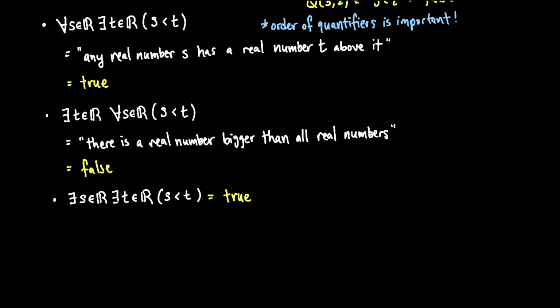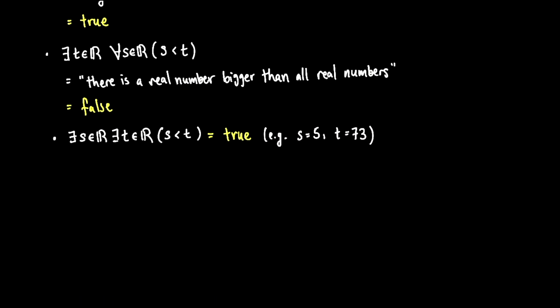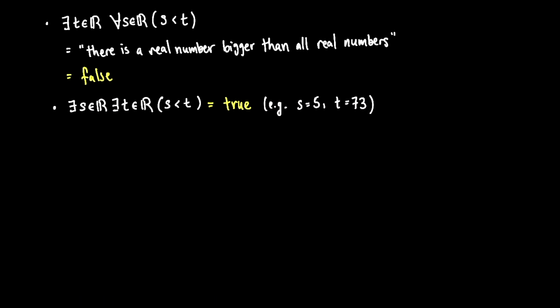So this statement's true, and you could say because it's true, for example, for s equals 5 and t equals anything really, 73, anything bigger than 5. Okay, so it actually really matters what quantifiers you use. And another thing is, let's see what happens if I change the real numbers here to some other set. Let's say the positive integers.